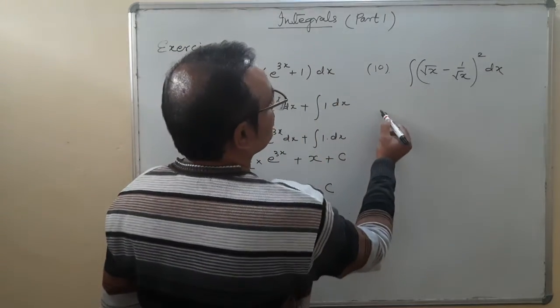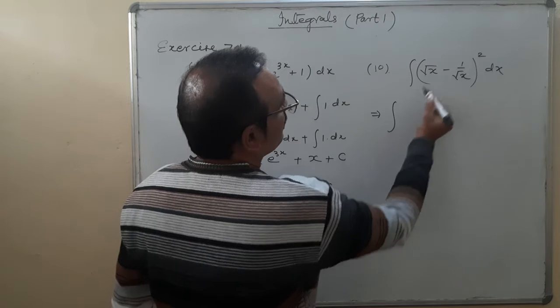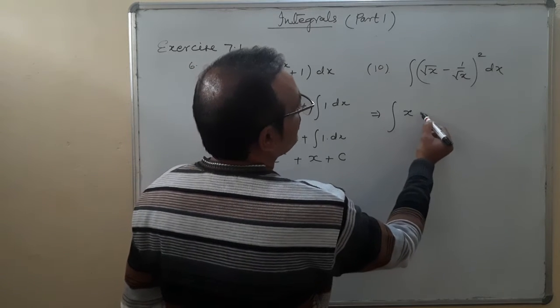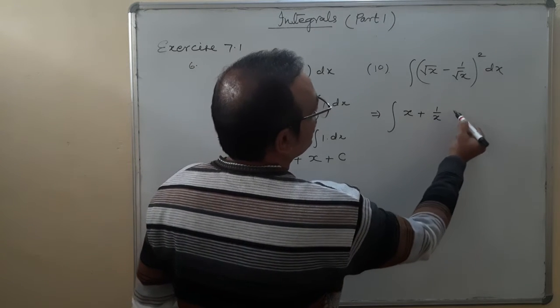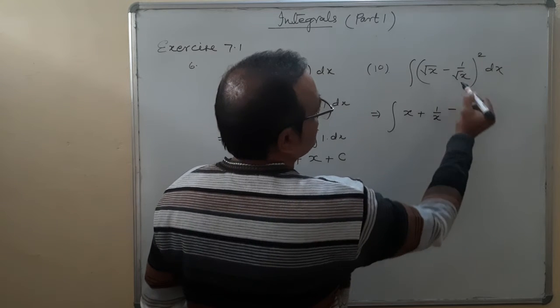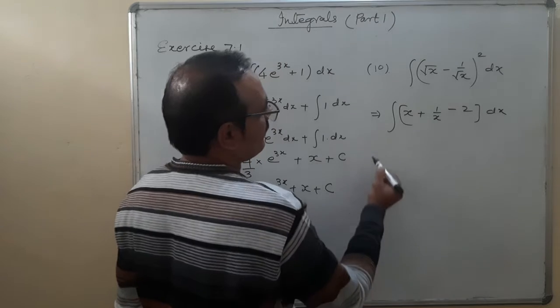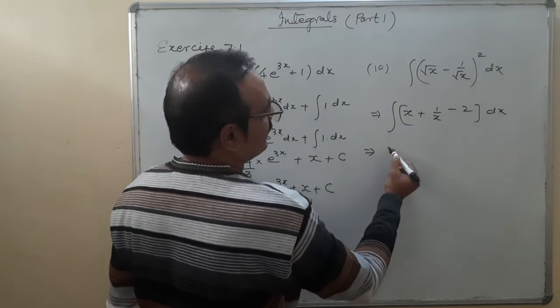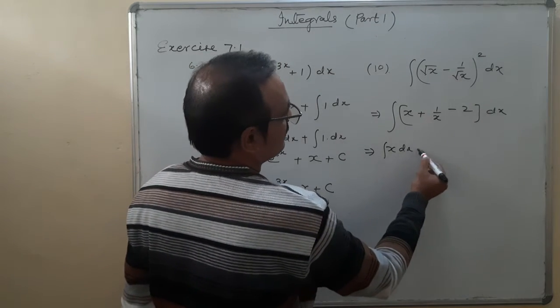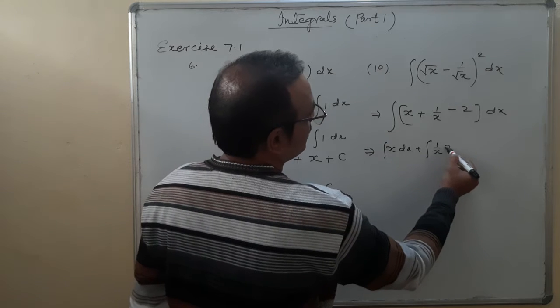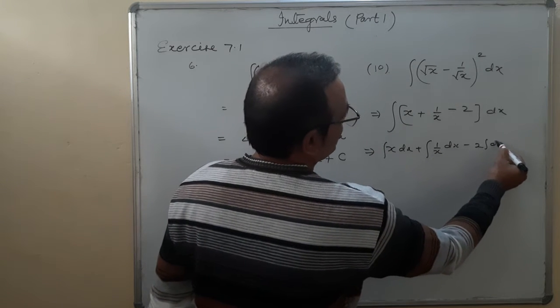How to solve it? (a minus b) whole square is a square plus b square minus 2ab; the root x terms cancel. dx. Okay. Integration of x dx plus 1 upon x dx minus 2 dx.